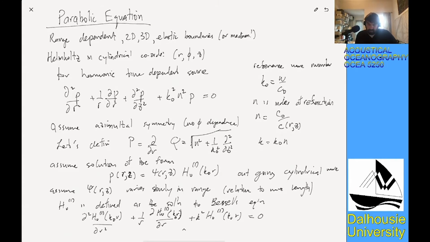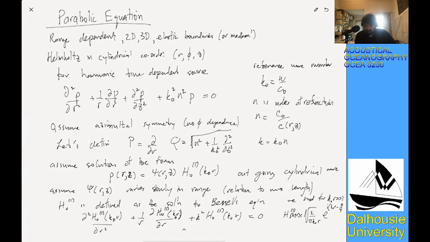Okay. And of course, we had a nice asymptotic expansion. I'll cram this in the corner. When we looked at normal modes, we had, for k naught r much greater than 1, the Hankel function of k naught r is about equal to root 2 over pi k naught r times e to the i, k naught r minus pi over 4.